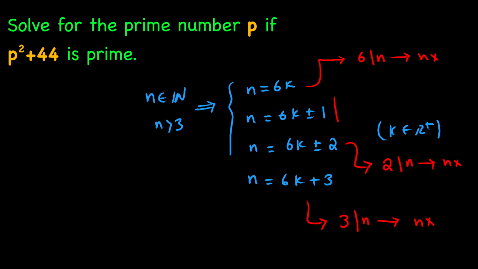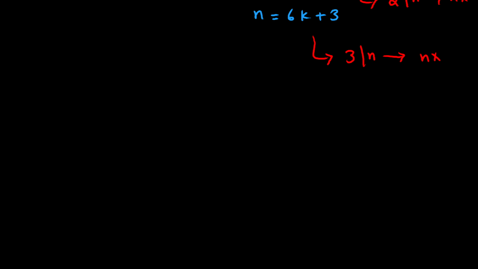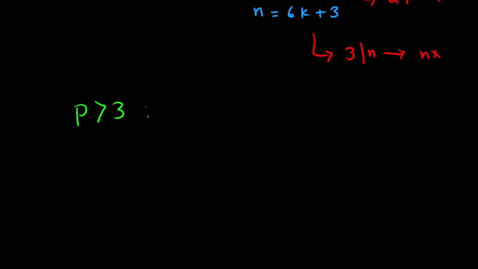But if you look at this, we can clearly see that this is not divisible by anything other than itself or 1. So that means that this is a prime number. So I can go ahead and say that any prime number greater than 3 is in the form of 6 times some integer plus or minus 1.